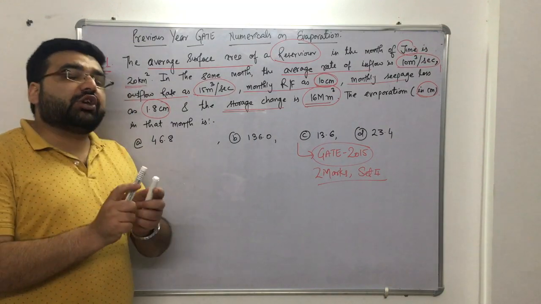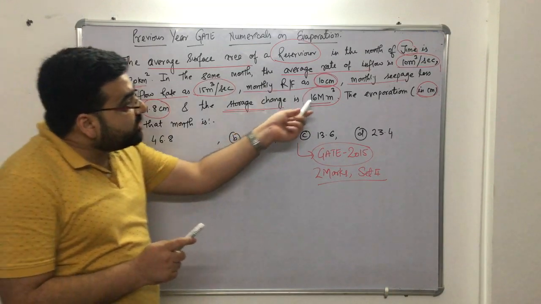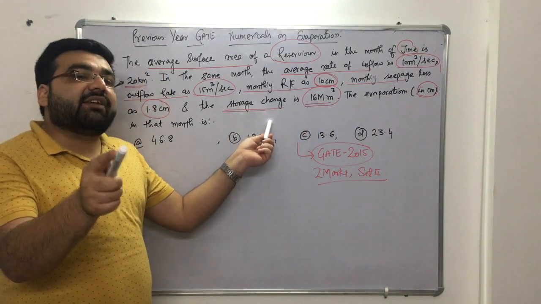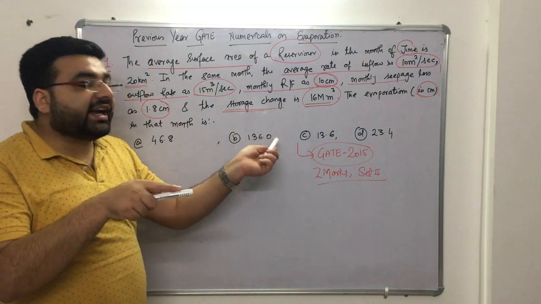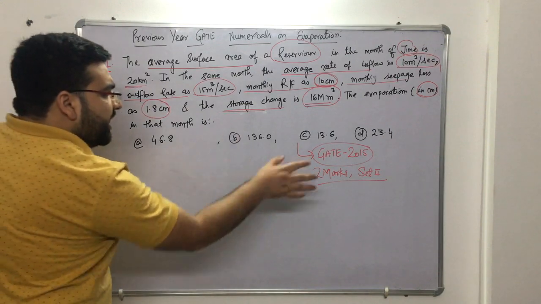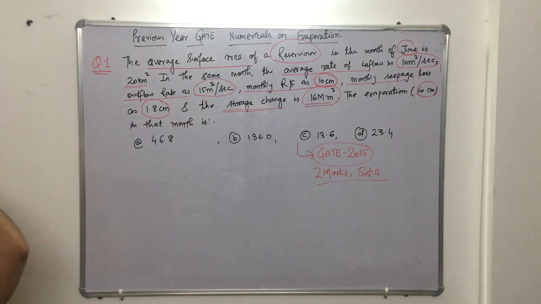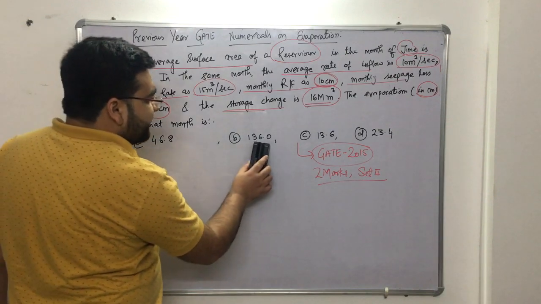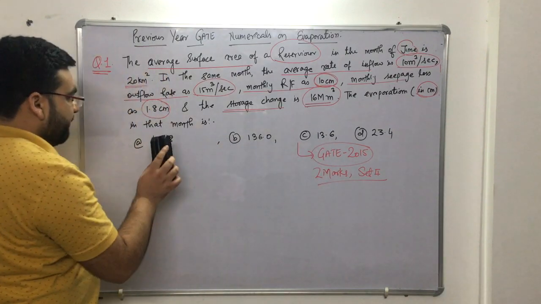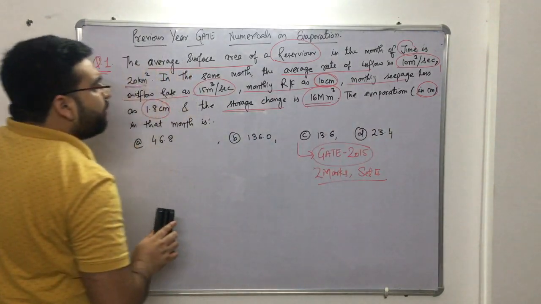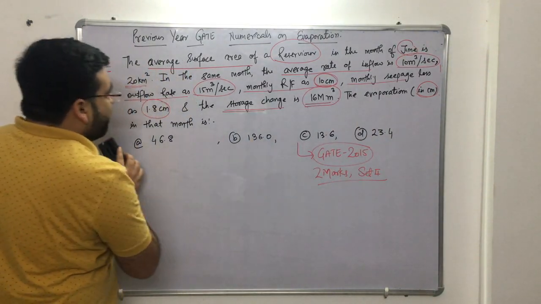But only one thing you should keep in mind: this storage change, whether it will be negative or positive. Now what is negative and what is positive? Let us see. First of all, let me rub this, because the options are 46.8, 136, 13.6, and 23.4 is the last option, right? So let us see what the answer is coming.